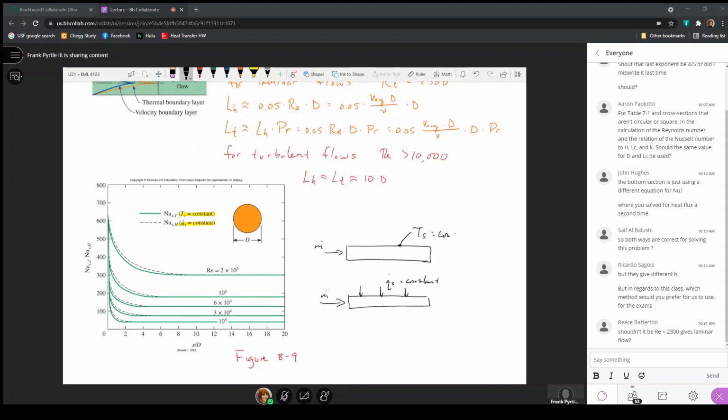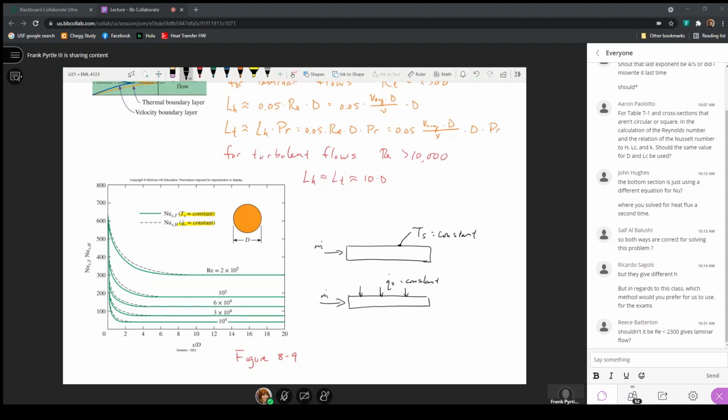When the surface temperature is kept a constant, the heat flux will vary. When the heat flux is kept a constant, the surface temperature will vary. So the green line here is for the consideration when I keep the surface temperature a constant as fluid moves through it.